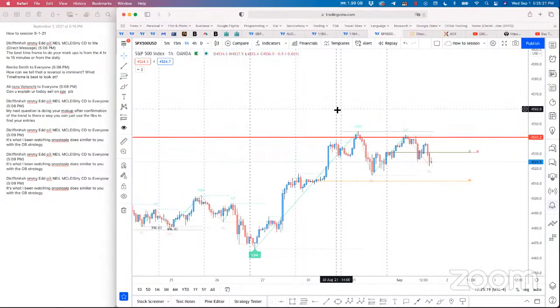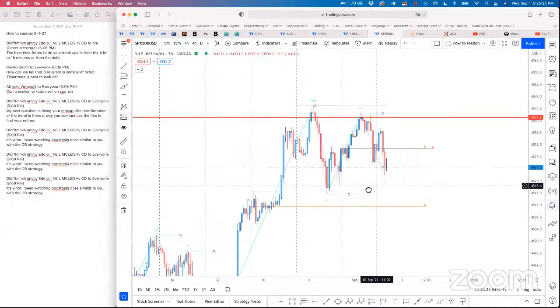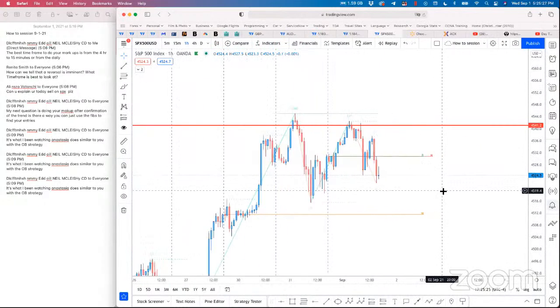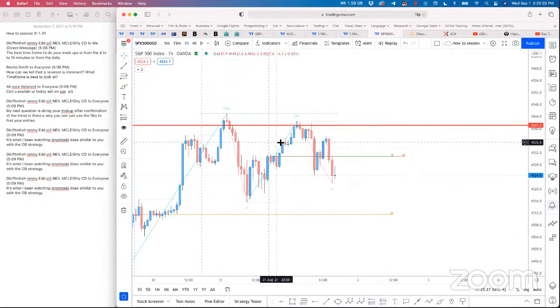And once the market opened up, around the time we gave this call out, we already had wick rejection, wick rejection, wick rejection into this area. Here was when the call was made. Let's go down into the 15-minute.